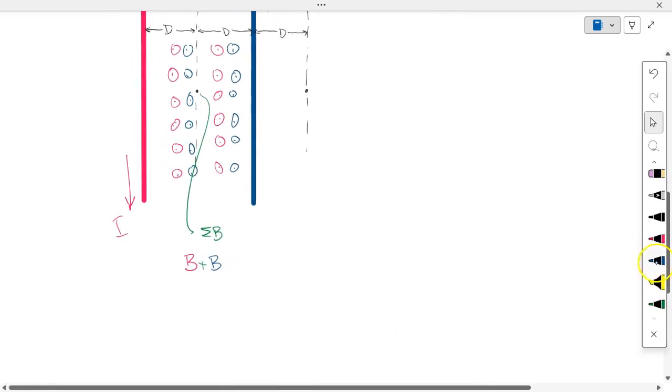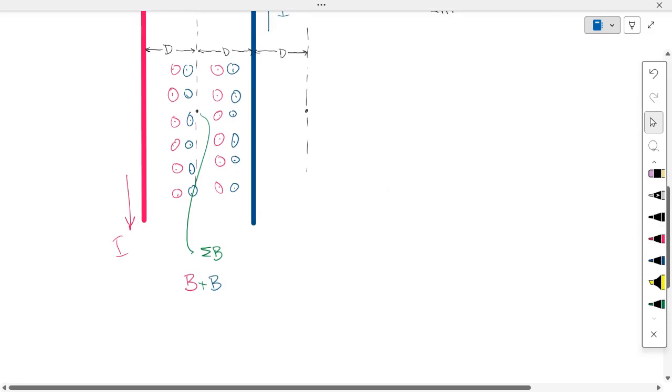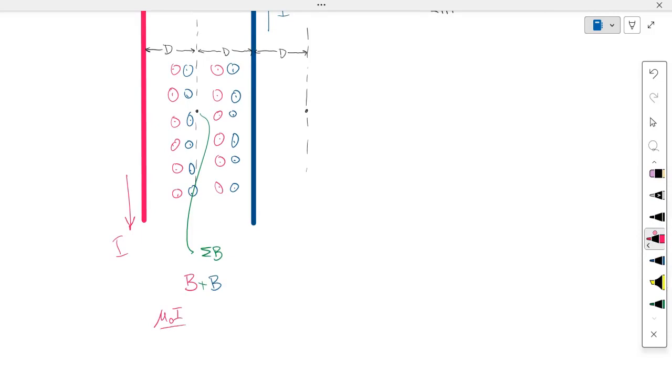Okay, and each of these, we've done you the service of, well, we can say that these are each mu naught I over, in this case, 2 pi d, plus, I think you follow, mu naught I over another 2 pi d.